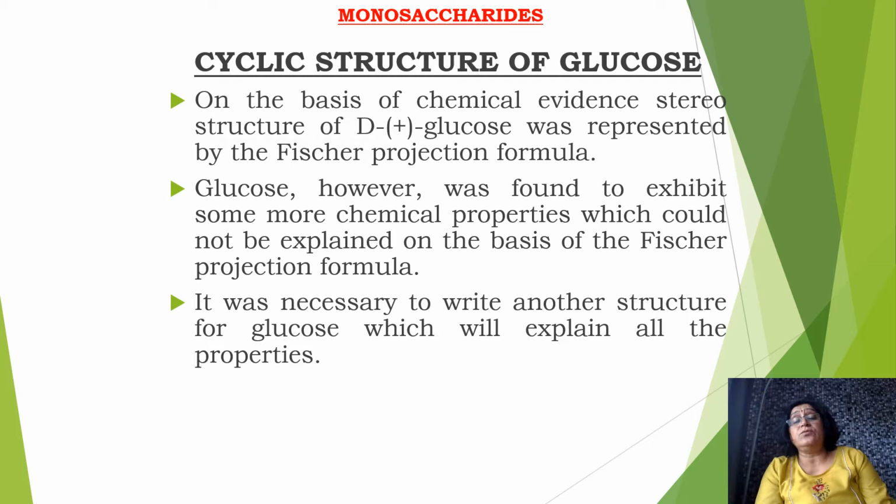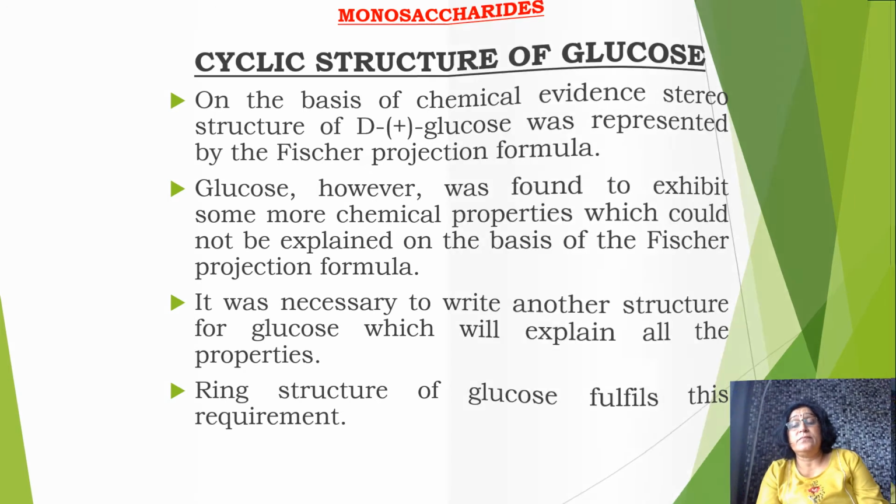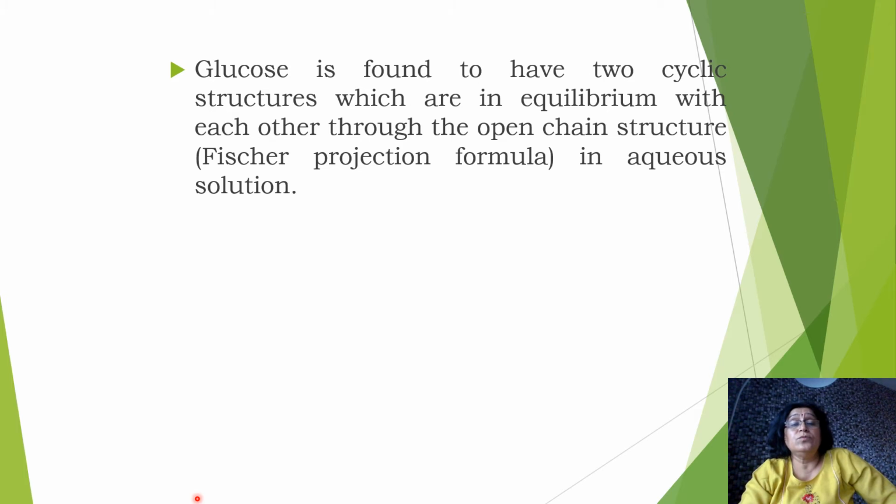So it was necessary to write another structure for glucose which will explain all its properties. The ring structure of glucose fulfills this requirement. So glucose is found to have two cyclic structures which are in equilibrium with each other through the open structure Fischer projection formula in aqueous solution.